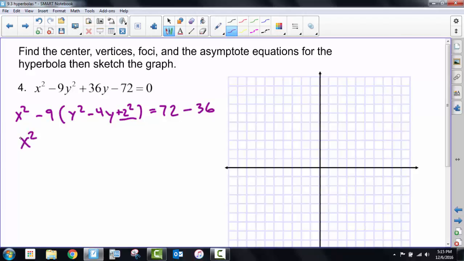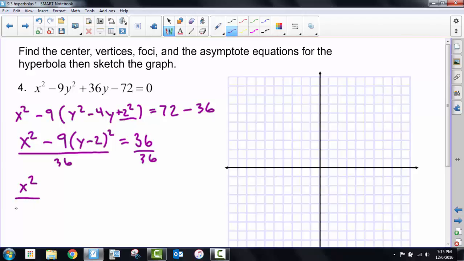So let's go ahead and clean this up. x squared minus 9 times the quantity y minus 2 squared equals 36. Now what I need to do to get this into the standard form is to divide both sides by 36, and that sets it equal to 1. So x squared over 36 minus the quantity y minus 2 squared over 4 equals 1.